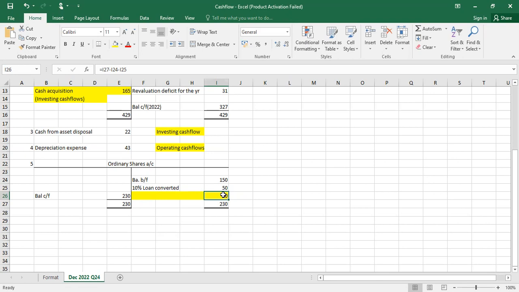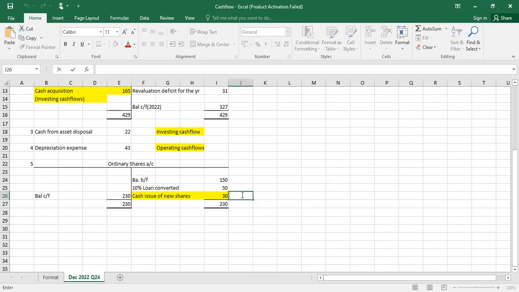It's the issue of new shares. And of course, because we are looking at the statement of cash flow, this must be a cash issue of new shares.